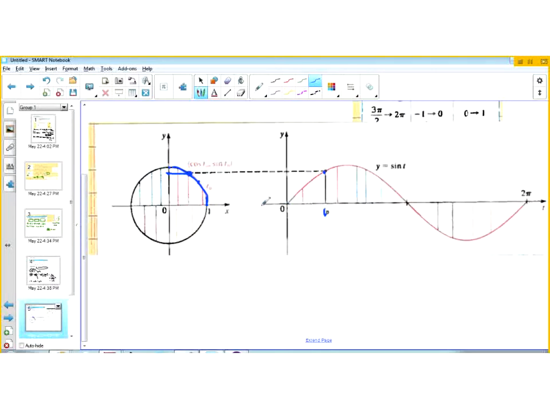And so we'll do this from t naught equals 0 to t naught equals pi halves, which happens right here. So at t naught equals pi halves, the ordinate of the terminal point is 1. So this is 1 right here.